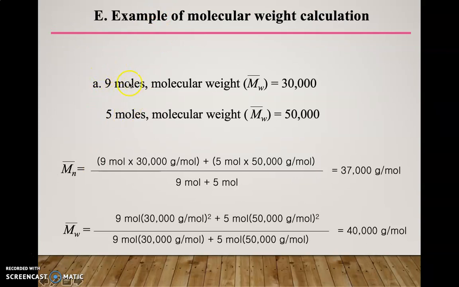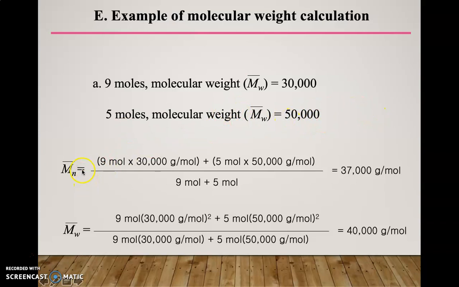Please ignore that the representation is wrongly written here. We have a polymer sample in which 9 moles have molecular weight 30,000. 5 moles of a particular polymer in that sample have a molecular weight of 50,000.